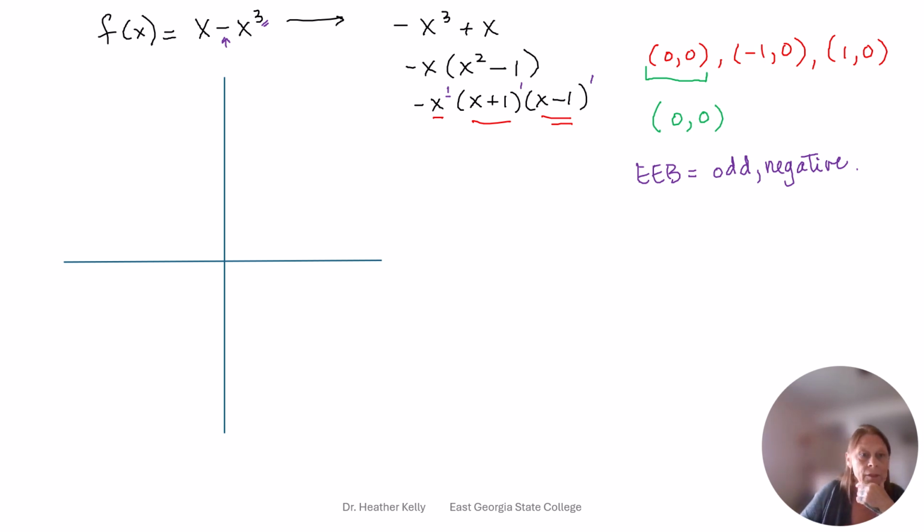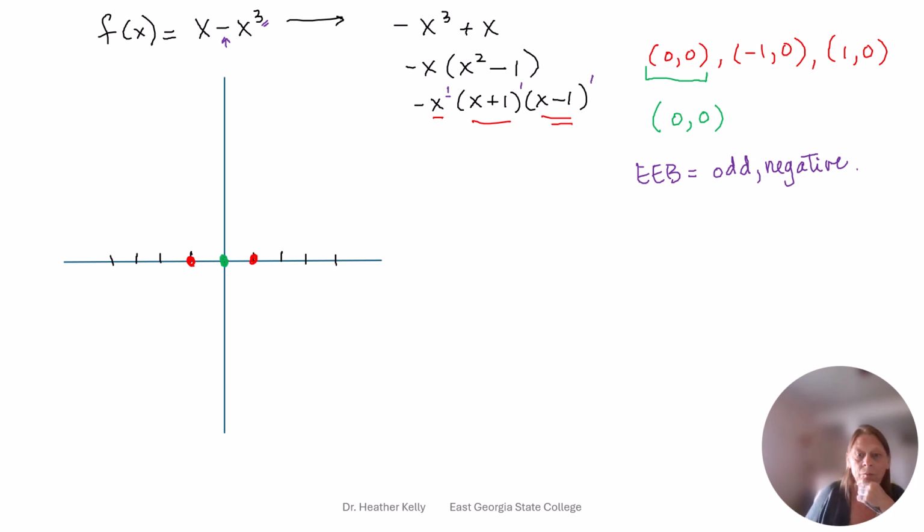Okay, let's graph this guy real fast. Let's see here, we have 0, 0, 1, 0, negative 1, 0. We have a y-intercept also that is 0, 0.